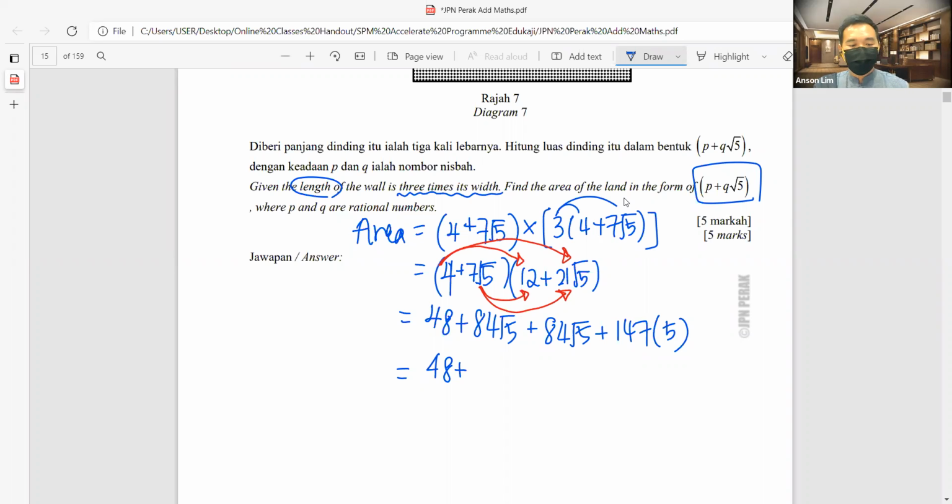It will be how many? 168 surd 5. 147 times 5 will be 735. So I need you all to do this question easily without any problem. Very good. Now number plus number, you get 783 plus 168 surd 5. Easy, right? Okay, so this is what you need to know how to solve the question without any problem. Done.